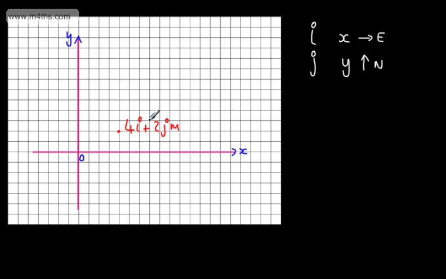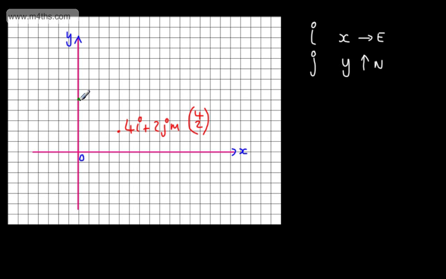It might be kilometers, but generally speaking we use meters. So this is using the I and J notation to show the position of this particle relative to the fixed origin. We could write this in column form, and that would be 4, 2 meters.